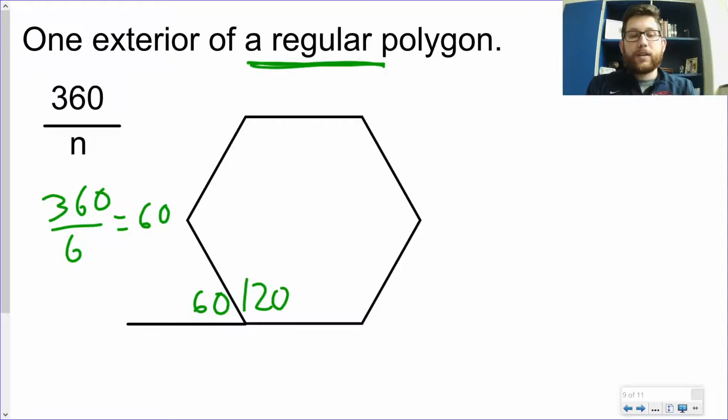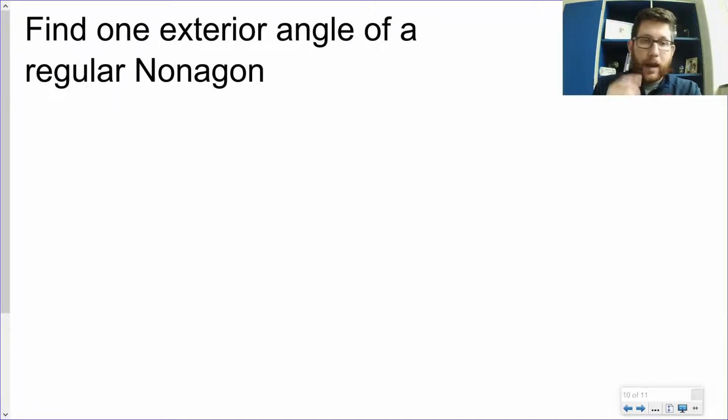So one thing to note here is that the interior angles and the exterior angles do add up to 180. That's true for regular and non-regular polygons. So you do have a relationship between the interior and exterior angles at every angle. That's just something that you should probably notice, and will be helpful down the road when we solve some problems.